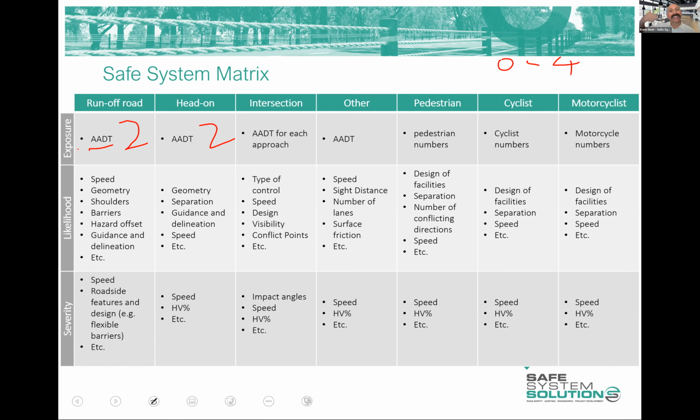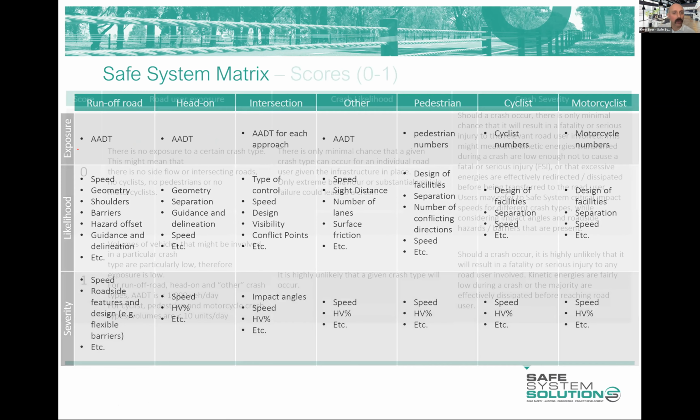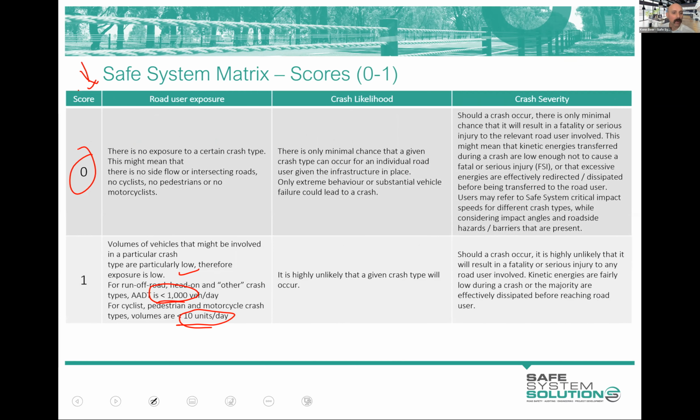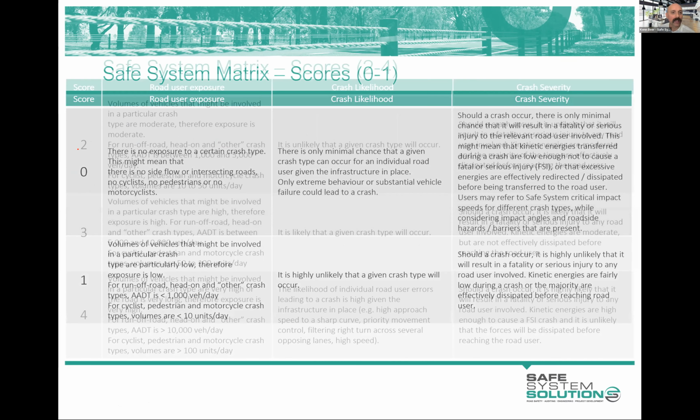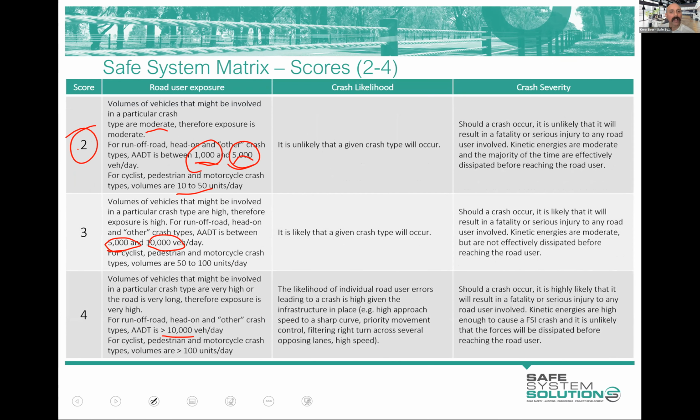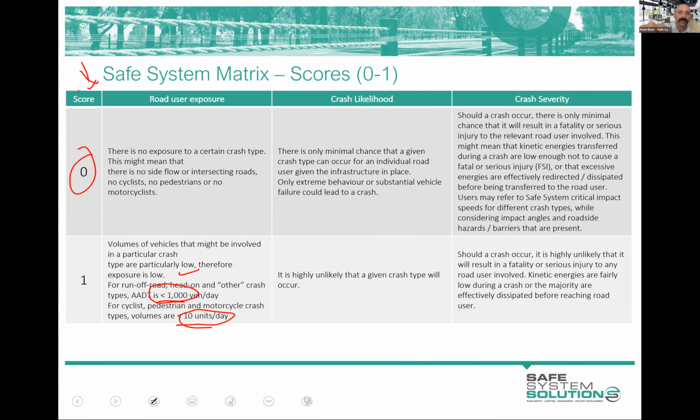Let's say there's another 1,000 vehicles coming in off this side road, so we're to 3,000 now. We go back to our scoring reference sheet and ask where that fits. Is it a 1, less than 1,000? No. Is it a 2? It still sits within 2. We haven't got enough exposure to jump to the next score, so we're going to stick with a 2 there.